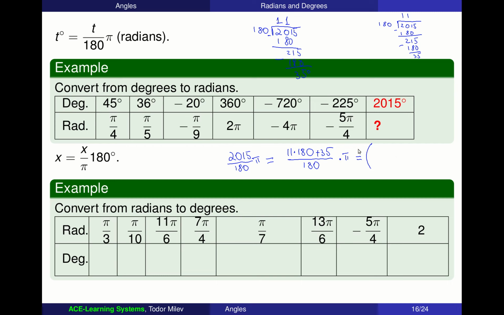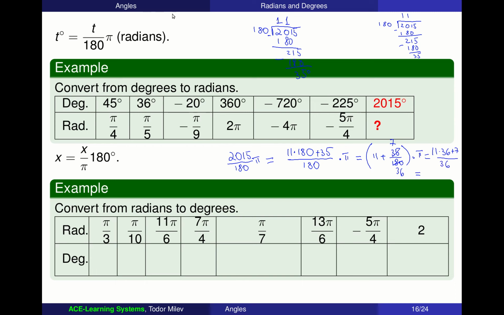So that is 11 plus 35 divided by 180 times pi. So 35 here you can cancel out a factor of 5, you're left with 36. So in the end you get 11 times 36 plus 7 over 36.